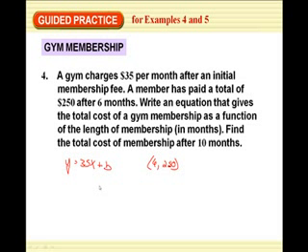Because the x is the months, that's got to be written first. So I'm going to put a 6 in right here and a 250 right there. 35 times 6 is 210. 250 minus 210, so I see b equals 40.